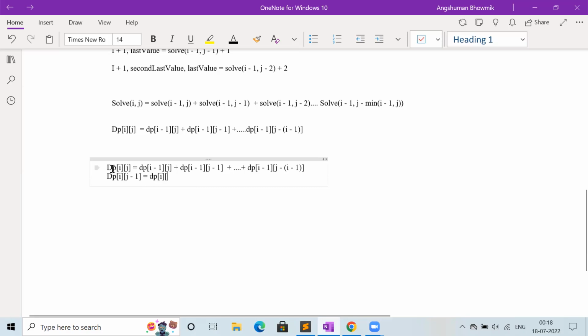We are following the exact same transitions that we wrote here, and try replacing j by j minus 1.